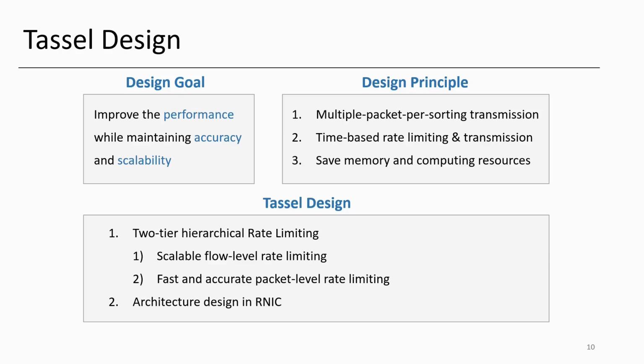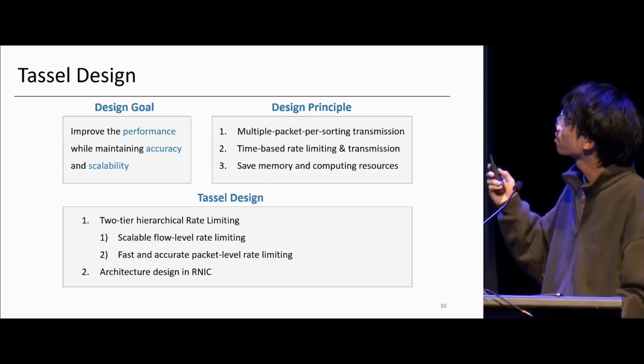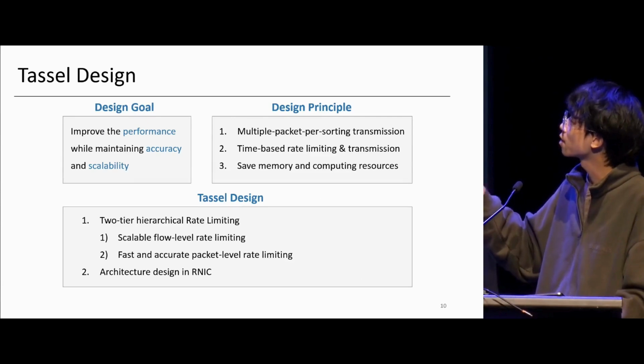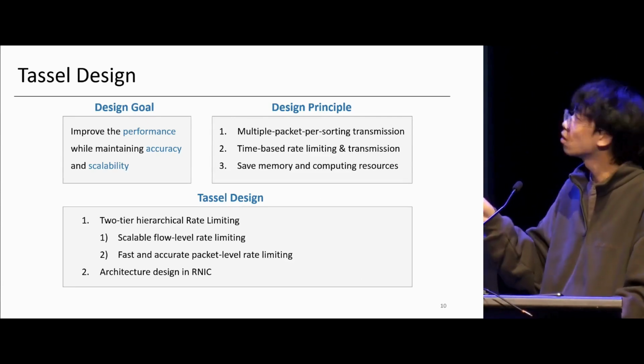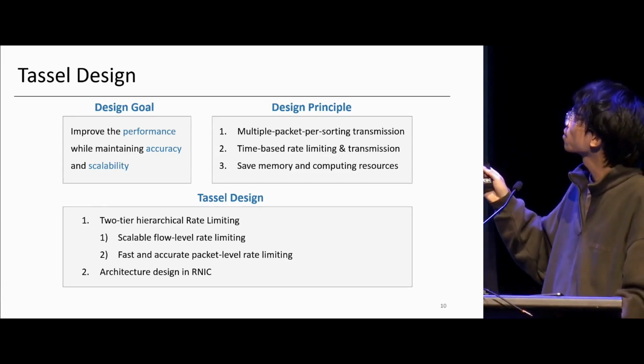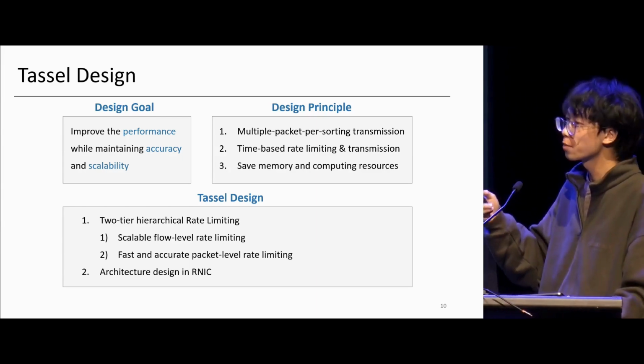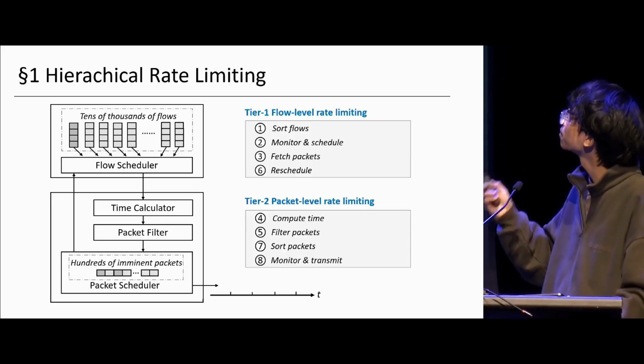Based on this idea, we designed Tensor. Tensor's design goal is to improve the performance while maintaining accuracy and scalability. To achieve this goal, we follow these 3 design principles. First, enable the transmission of multiple packets after sorting all flows to improve the packet rate.